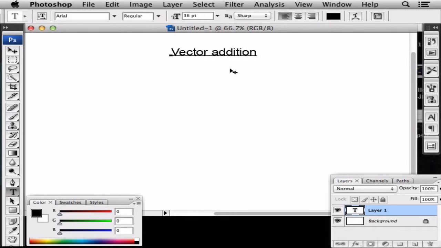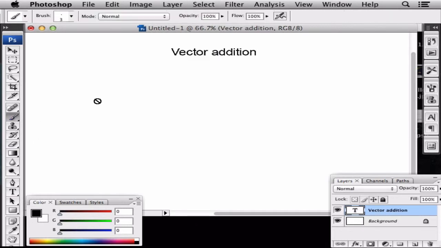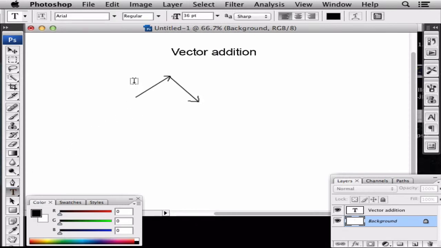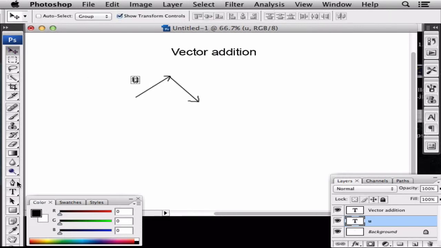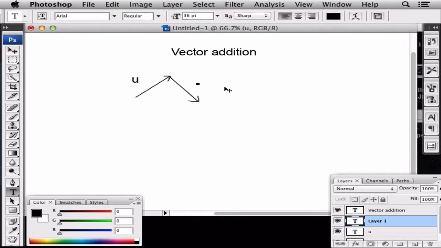Suppose we have two vectors, we want to add them together. How do we do that? I'm just going to quickly draw two vectors. Geometrically, this is how we add them together. We simply put one at the end of the other. So we call this vector u and this v, just for notation later.